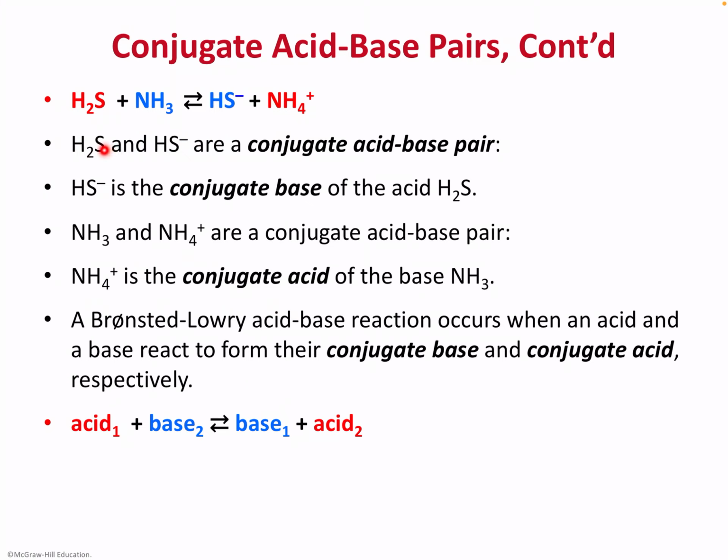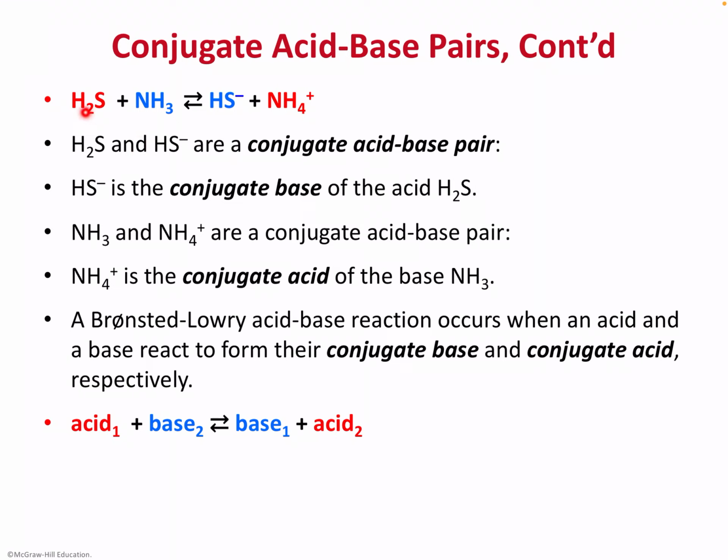Here, the same thing I talked about in the previous slide: conjugate acid-base pairs, H2S and HS minus. Remember, they are related by the type of atoms they are attached to. The only difference is that they have differing numbers of protons. So H2S and HS minus are conjugate acid-base pairs. Which one is the acid?